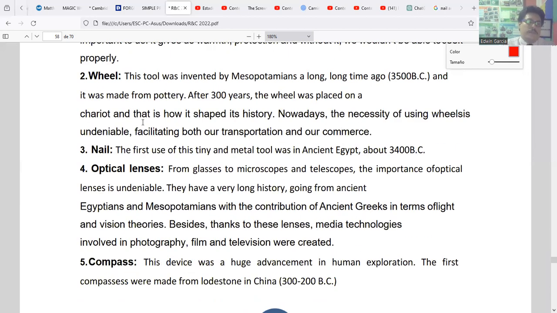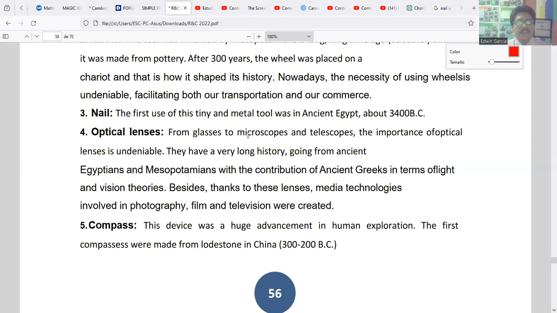Wheels, well, when I go in a bus or maybe in a car, we need the wheels for it. Nails, well, in this case, maybe you are going to say, I never use a nail, but in your house, maybe you have some things hang on the wall, and for that you are going to use a nail. Optical lenses, well, if you use glasses, you use optical lenses.